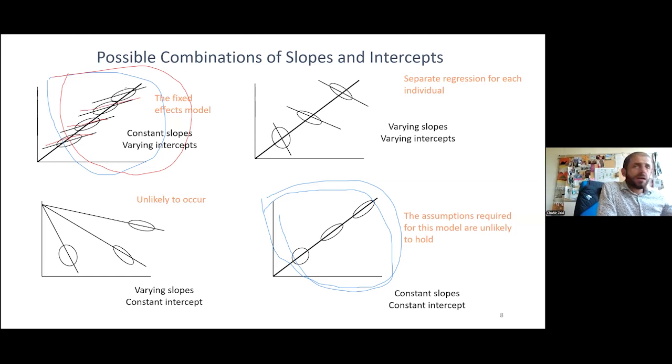But all the lines here are parallel. And as they are parallel, this means that we have the same slope. So in other words, for instance, age or experience will affect wages the same for all individuals, but each individual will have his or her own intercept. And that's the case of the fixed effects, as we will see later.